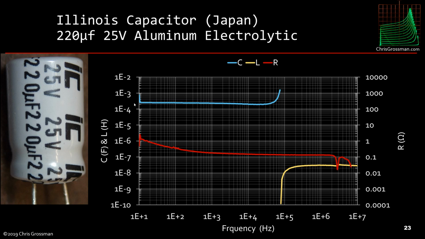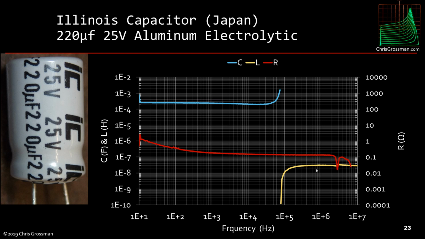It's 220 microfarads nominally. If we look here at low frequency, yeah, it's looking 230, 240. If we get up to 10 kilohertz, it's dropped to about 190. But it's staying pretty close, at least through the audio range, and then it starts getting near resonance.